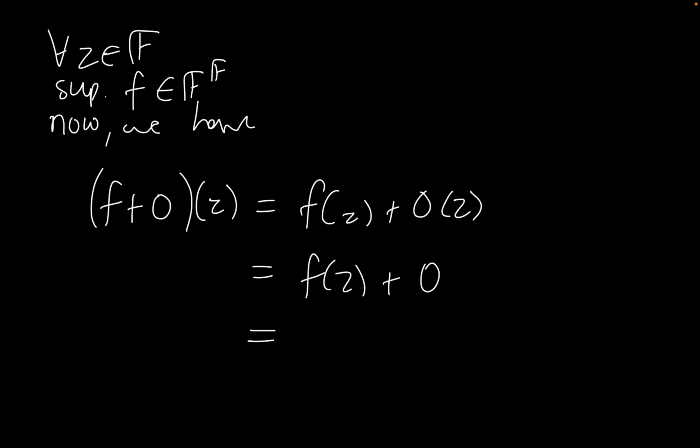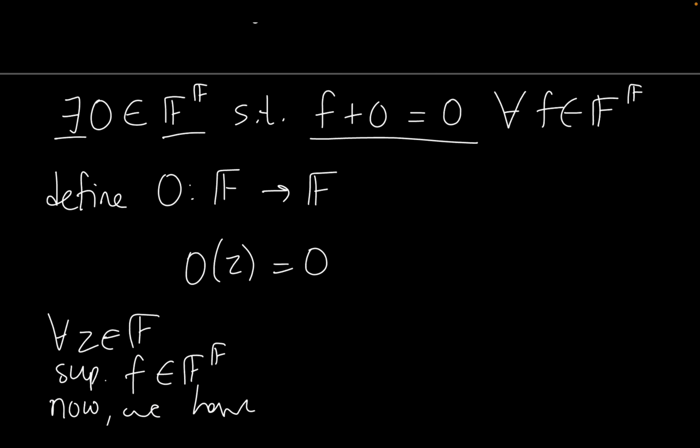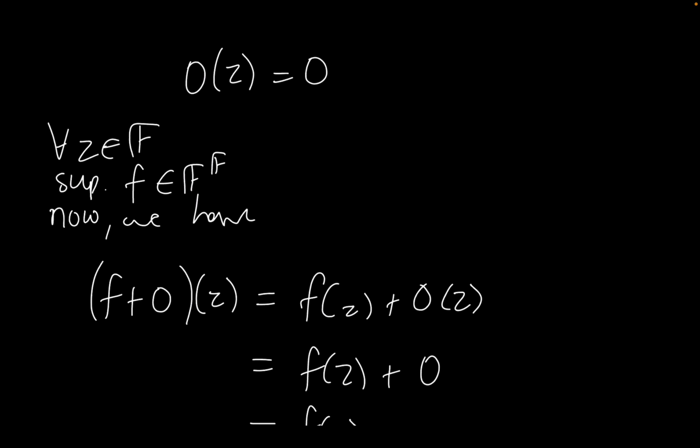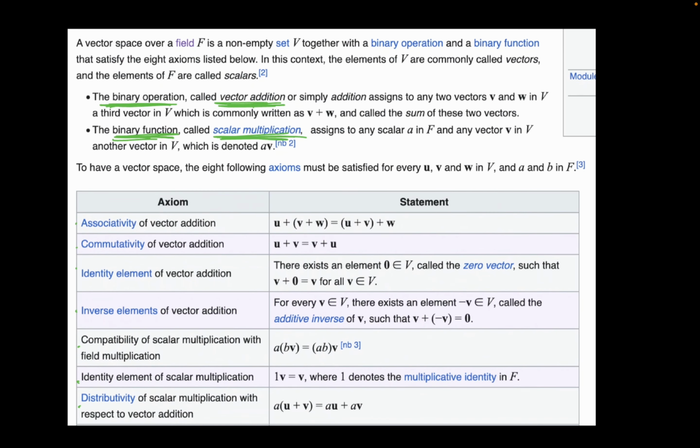And we know that f(z) is a scalar, 0 is a scalar. So clearly, because additive identity is a thing in fields, this is the additive identity on the field, and so this is going to be equal to f(z). So that proves that f plus 0 is equal to f, as was desired. Oh, my bad, I should have written f plus 0 is equal to f. Apologies. So we've proved 3 properties so far, 5 more to go.